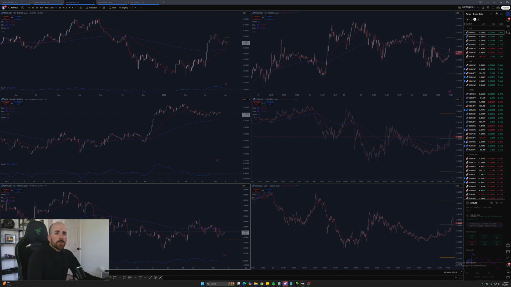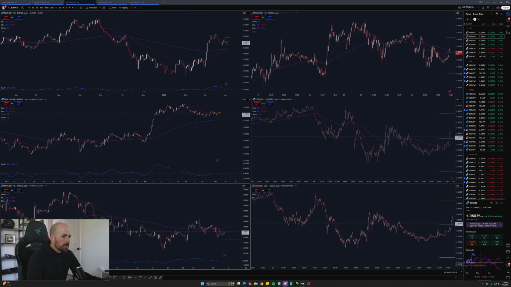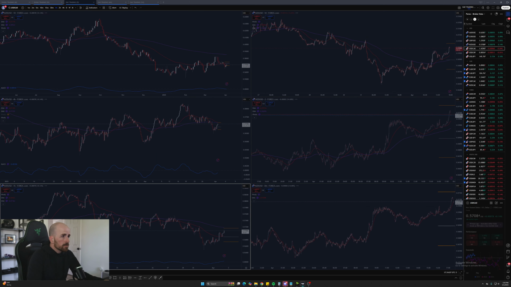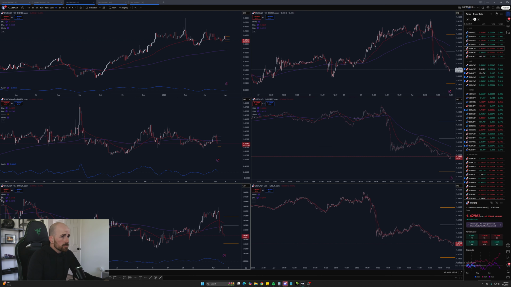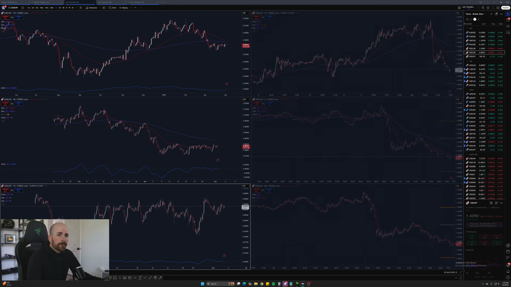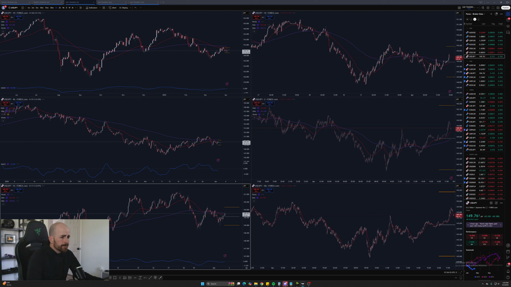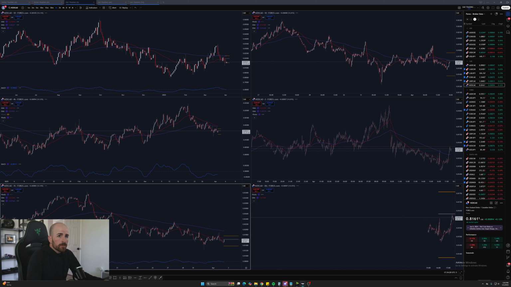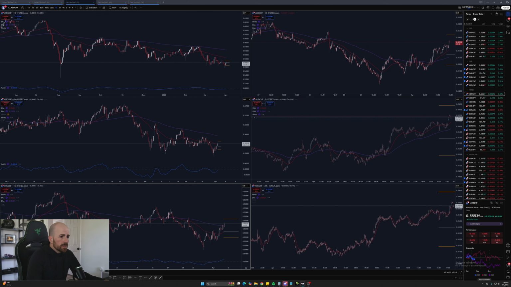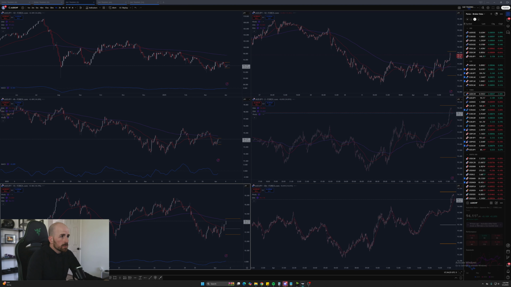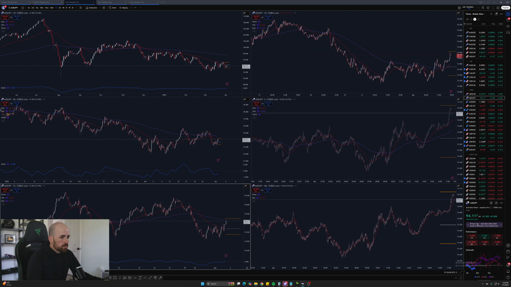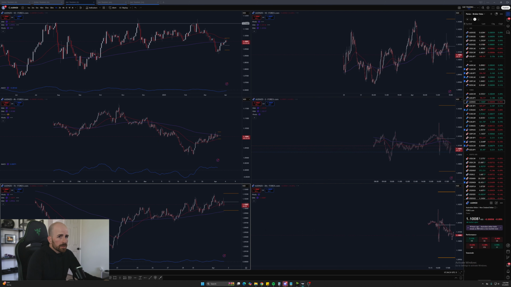All right, I'm going to do a last quick scan, see if there's something I missed. I feel like that trade already happened. All the stuff I didn't flag. The Aussie pairs are still interesting to me, all of them.